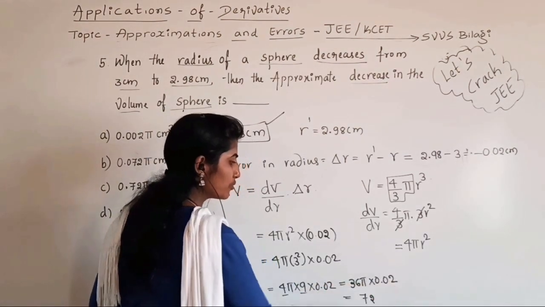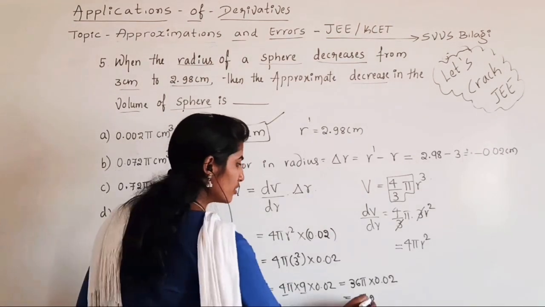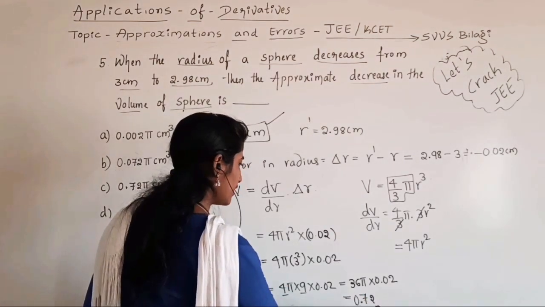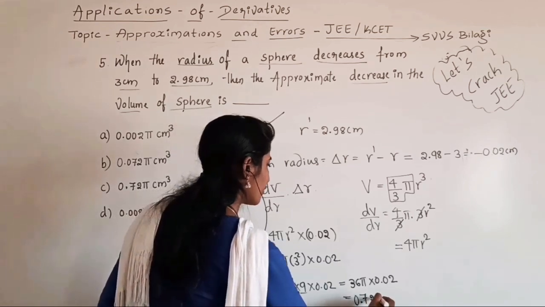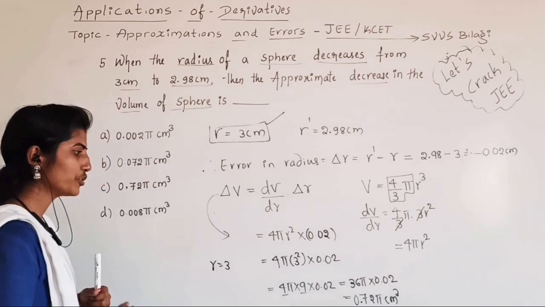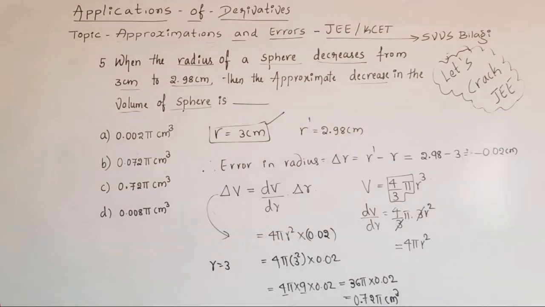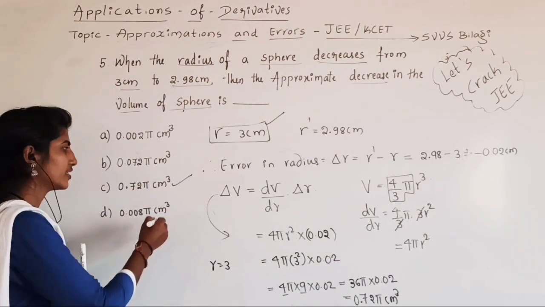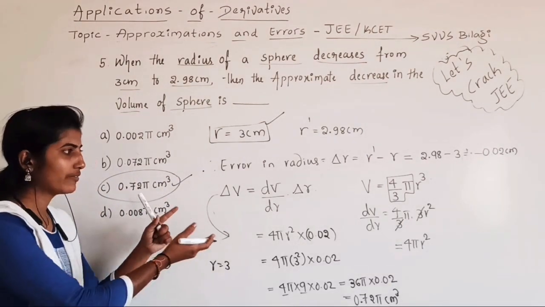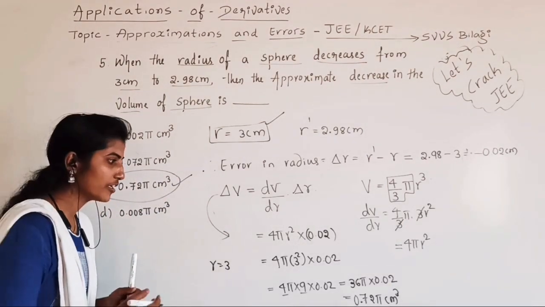Since there are 2 decimal places, you will get 0.72 pi cm cube. So which option is the right answer here? I think option C. One more time, C, right? So have a look and go to the next point.